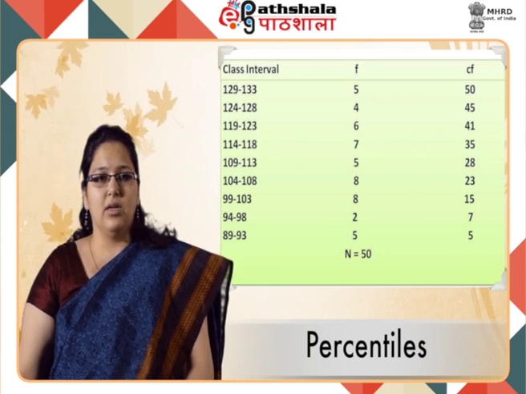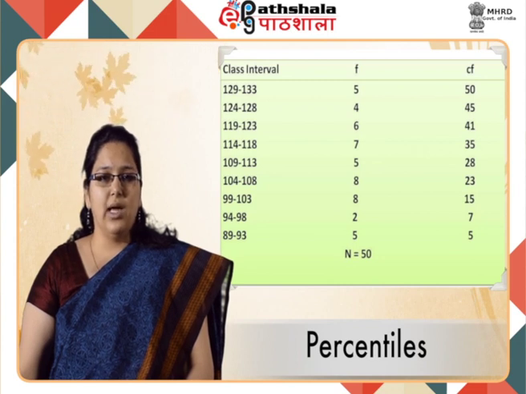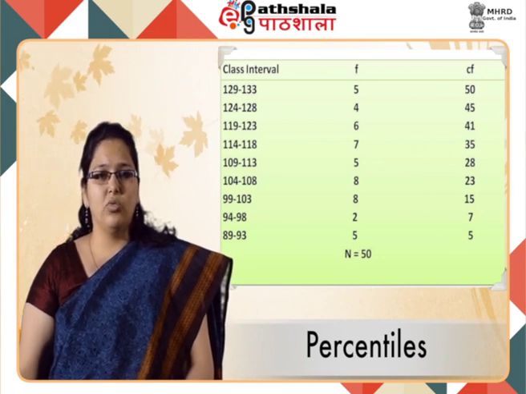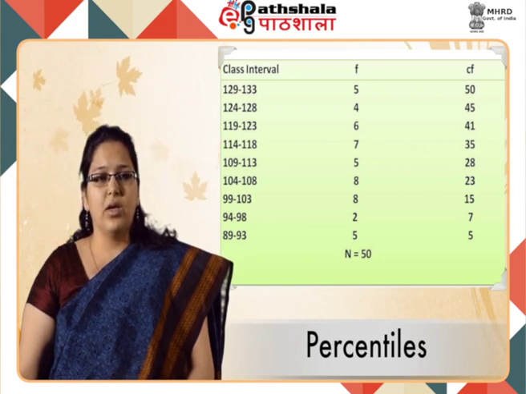Calculating P60. P60 is the score of 60 into 50 by 100, which is equal to 30, and will lie in the class interval of 114 to 118. Here L is equal to 113.5, Cf is equal to 28, and F is equal to 7.